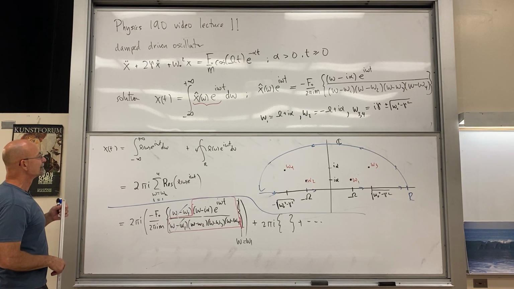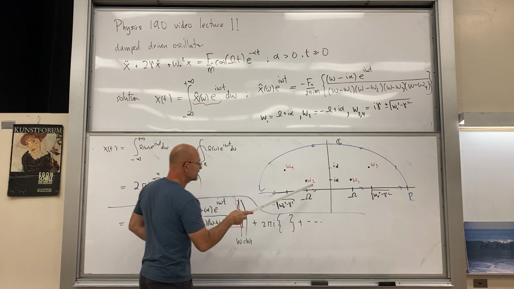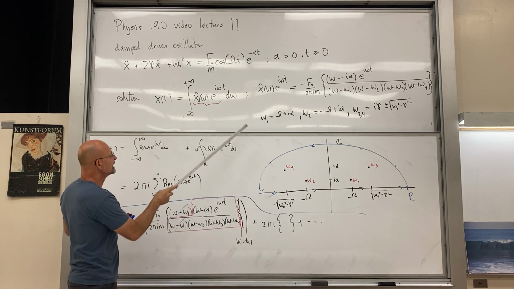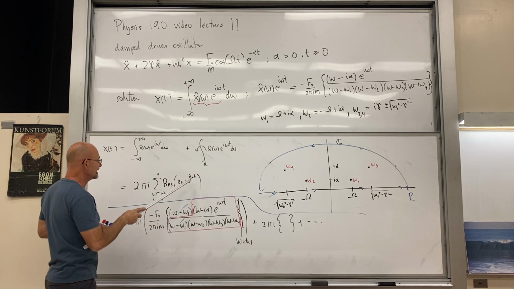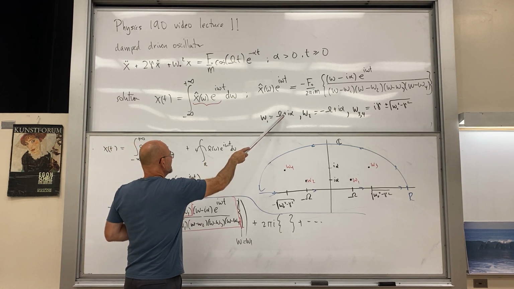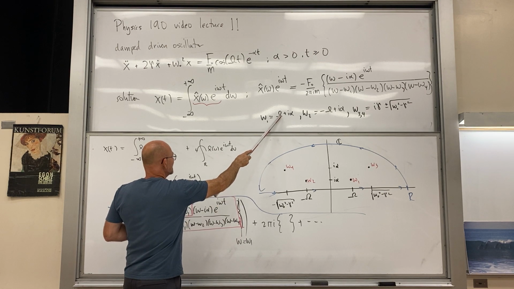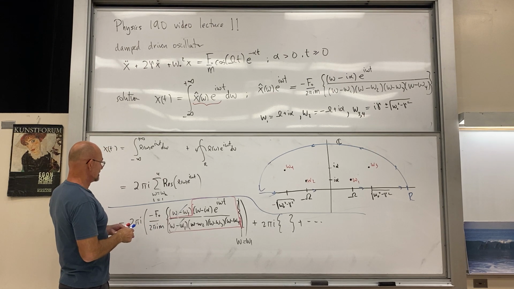Now, let's talk about the physics of these poles again, because when you plug in this omega 1 and you see what it is, what are you obtaining? You're obtaining an e to the i capital omega t, and then i times i is negative, so you're obtaining an e to the i omega t minus alpha t.